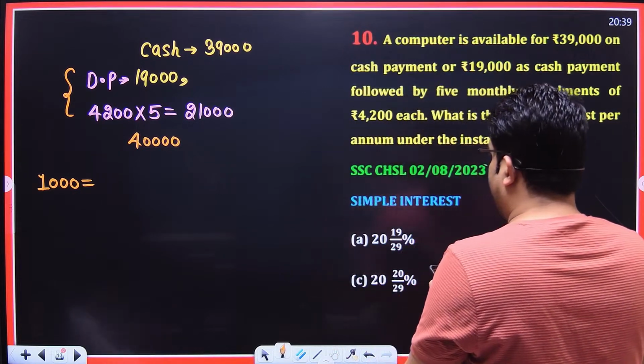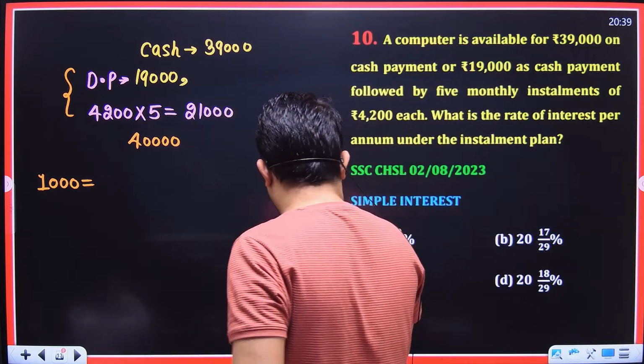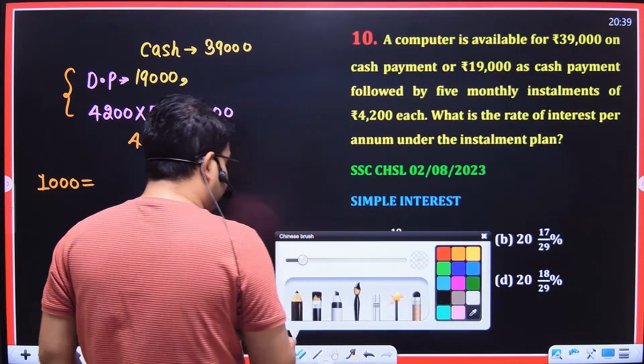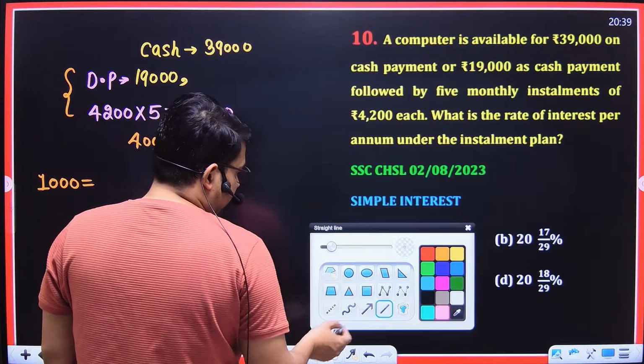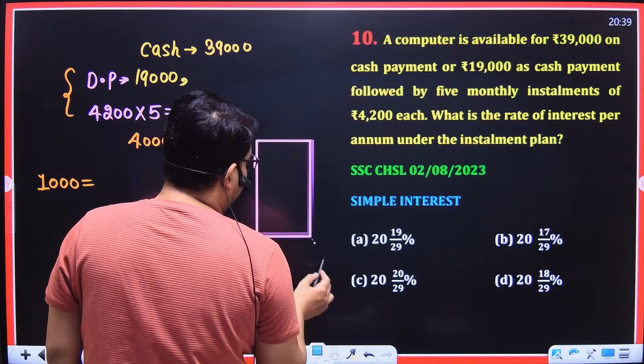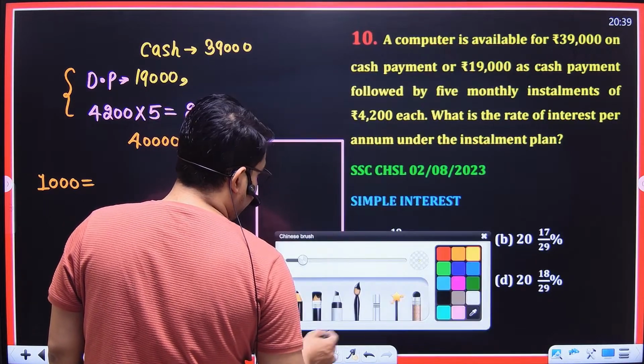So you are giving 1,000 rupees interest. Now, 1,000 rupees interest on which principal? First of all, you have to calculate that principal, the cumulative principal.